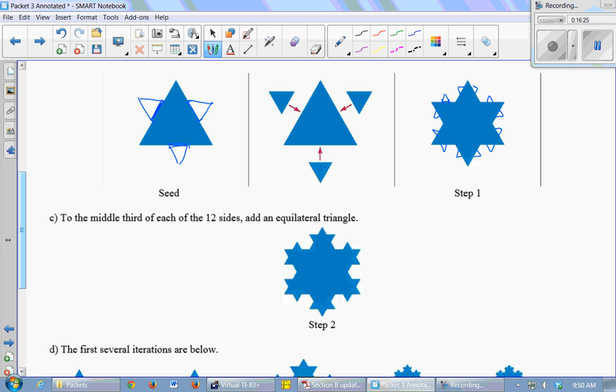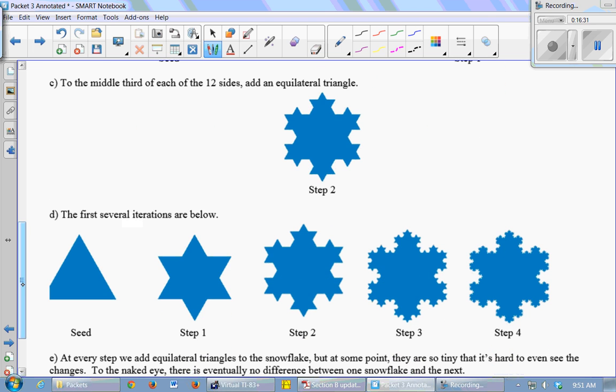Right? And you get step two. And then you just keep doing the same thing. Now I believe you have 48 sides, and on every single side, the pointy ones and the sort of inner ones, you add another equilateral triangle. So I'd go like here, here, here, here, here.